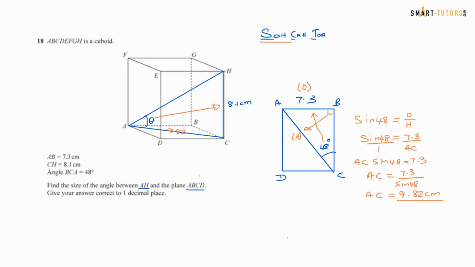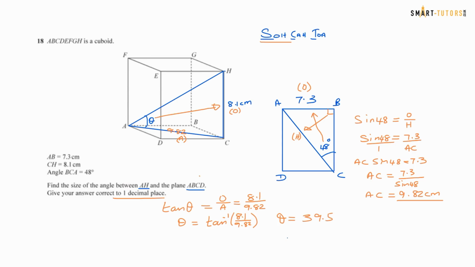So once you find out the AC, 9.82, then you can use the tan formula, because theta's opposite is O and adjacent is A. So tan theta equals opposite over adjacent, so 8.1 over 9.82. So theta equals tan inverse of 8.1 over 9.82.